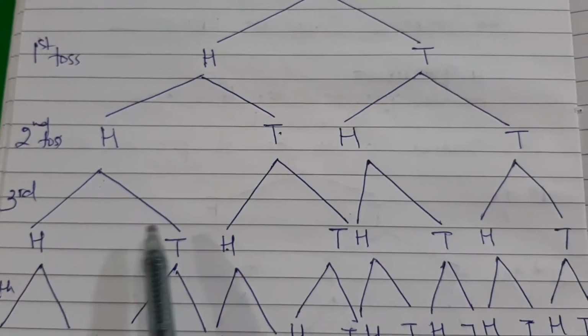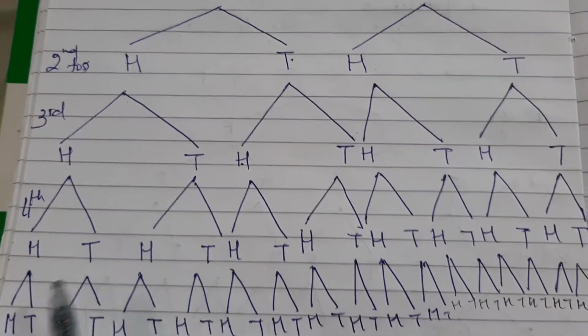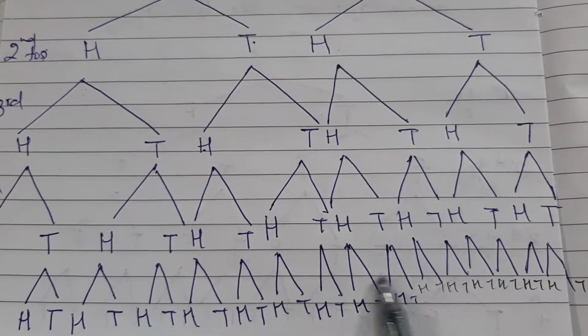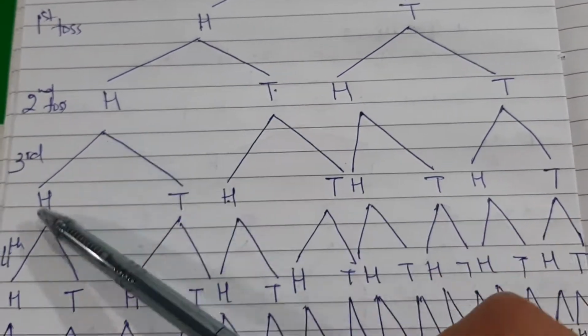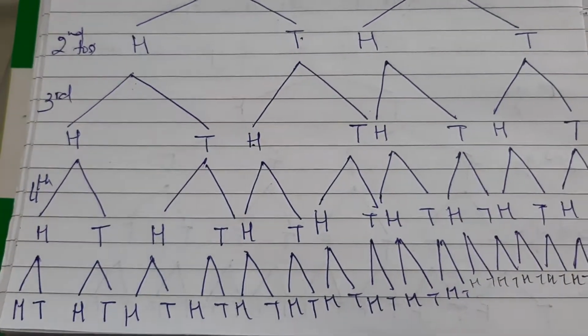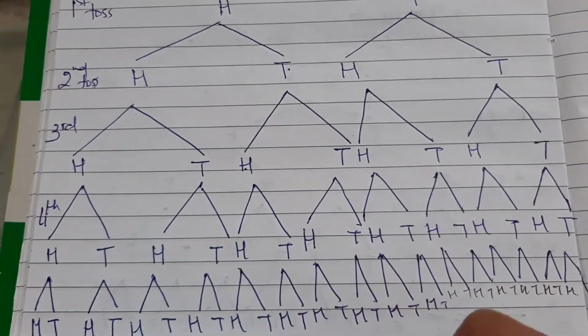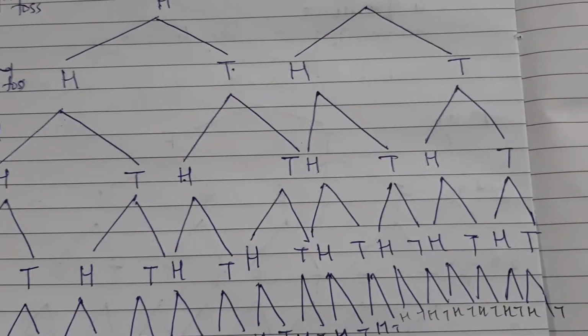Third time, again 2 options. Fourth time, again 2 options. Fifth time, again 2 options. So, for example, the first result is head, head, head, head, head, or head, head, head, head, tail. So these are possible ways of getting the result after the toss.